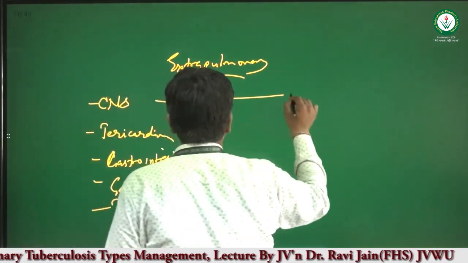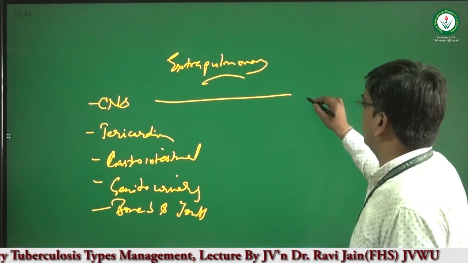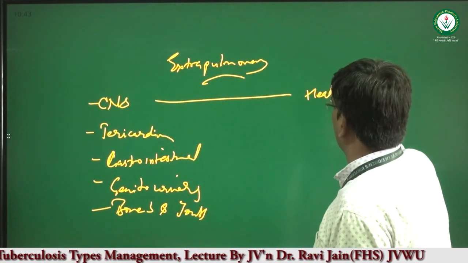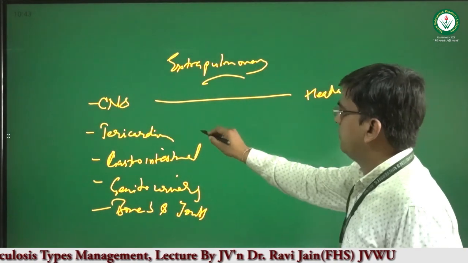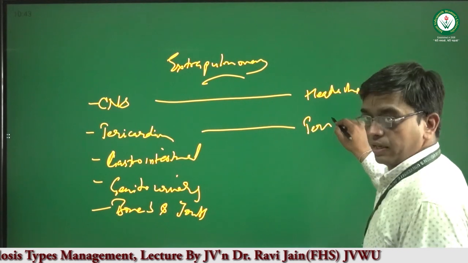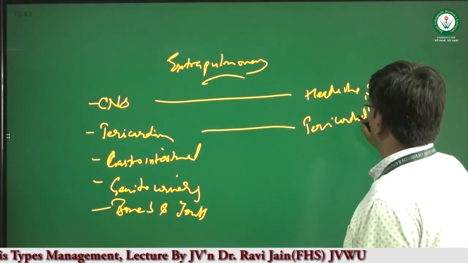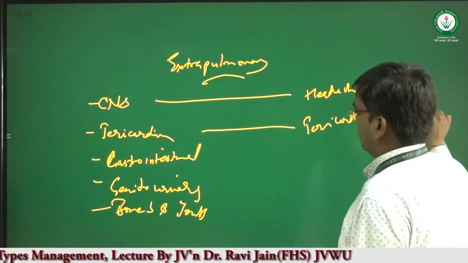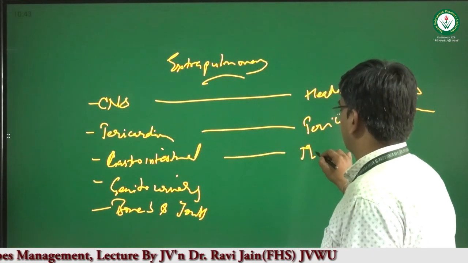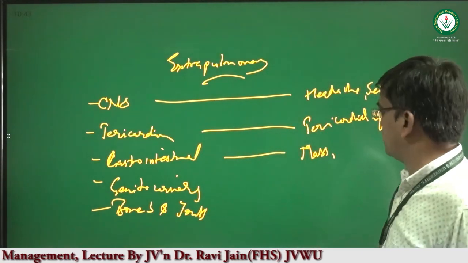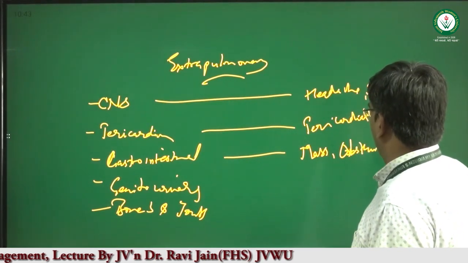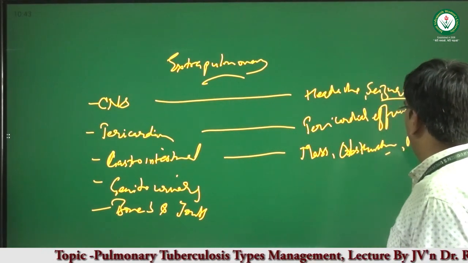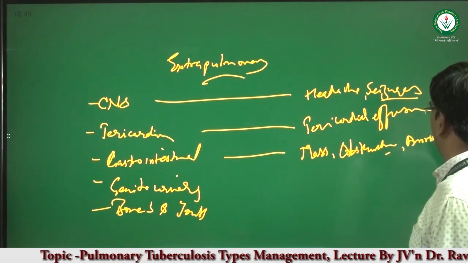So what happens in CNS? In the CNS, we have headaches, we have seizures that are commonly seen. In pericardium, we have pericardial effusion. In the gastrointestinal system, there is mass formation or nodule formation. Also, we see obstruction and anorectal ulceration.